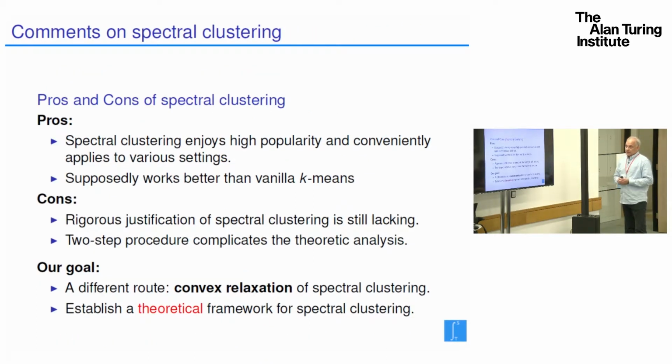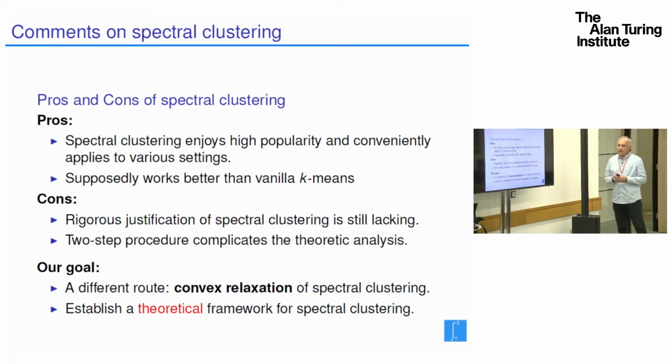That's spectral clustering. And the pros and cons of spectral clustering: it has been around for many years. Empirically, it does often work better than k-means, even though we cannot really prove it. Not for a single example is there proof yet that it does work better than k-means. And there are cons. We have no theory for it, no meaningful theory.